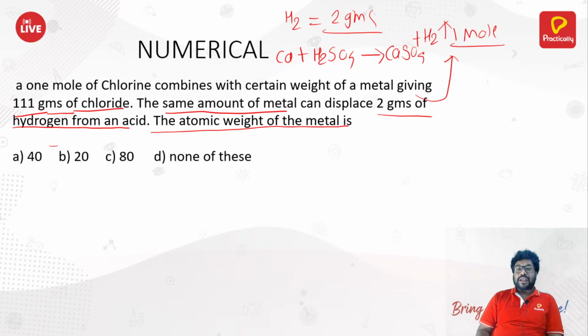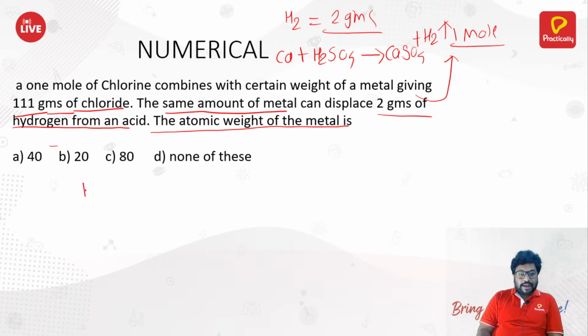That means, suppose it is an alkaline earth metal, since its valency is 2 and the valency of chlorine is 1, 1 mole of alkaline earth metal would require 2 moles of chlorine atoms.